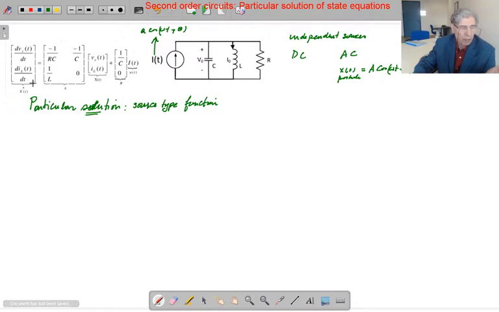So that means the frequency does not change. The omega is not changing. What is left? So this is known, and we will be calculating this.